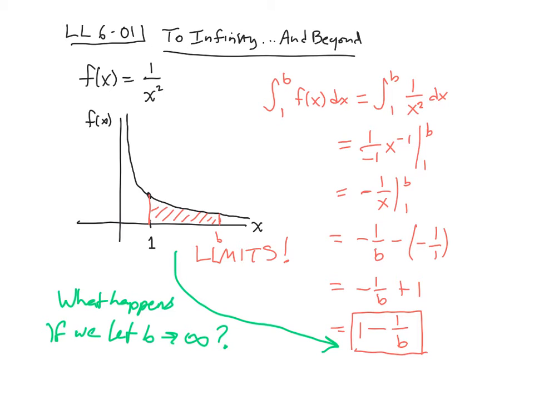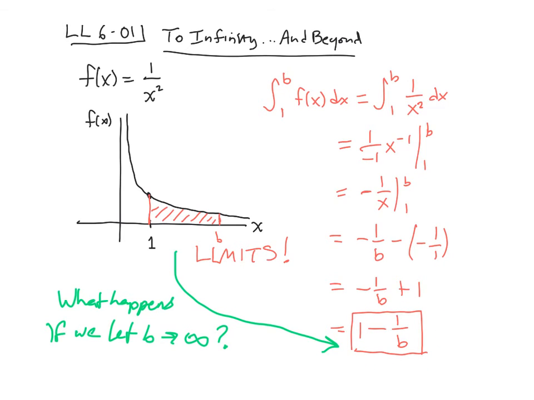Let's think about how this quantity, 1 minus 1 over b, varies as we change b. If we were to increase b, then that increases the denominator, making this a smaller fraction, which means we're subtracting from 1 a smaller amount. So in other words, as b gets bigger, this quantity is going to get nearer and nearer to 1. It's going to increase towards 1.